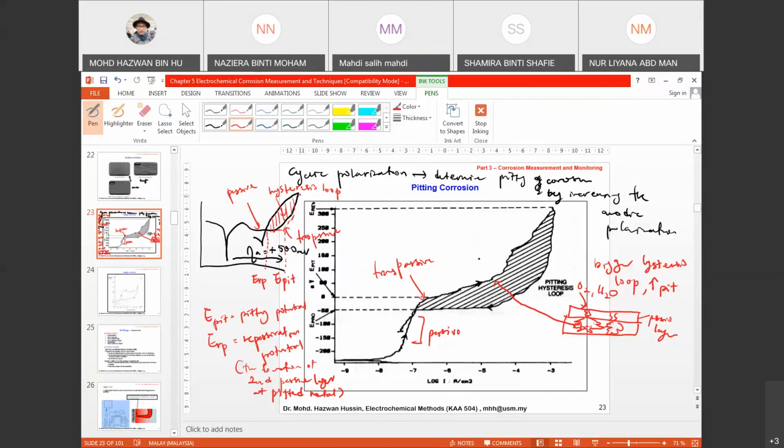Another thing that you can get is this one, known as reverse potential, EREV. Okay, and this one at this point, over here, is known as I pit, pitting current density.